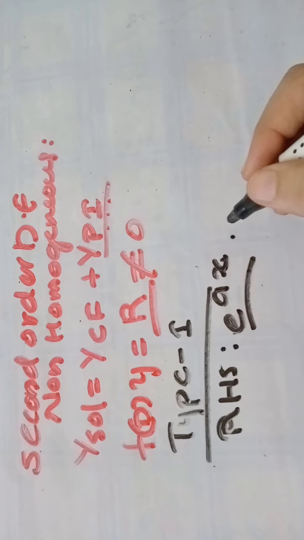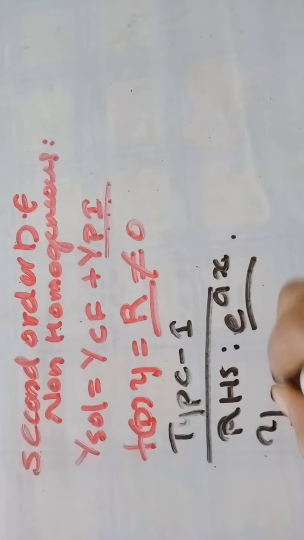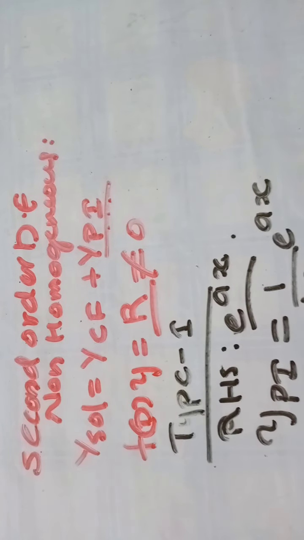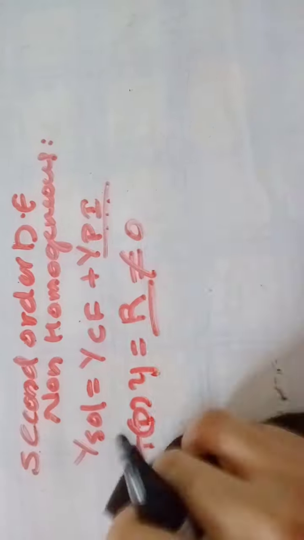Then y particular integral becomes 1 by f of D times e raised to ax. For that we have to put D is equal to a, and if we put D is equal to a, the denominator is not equal to 0.